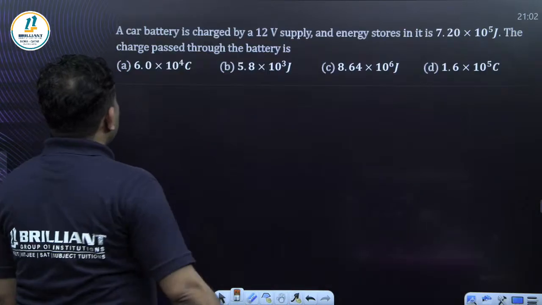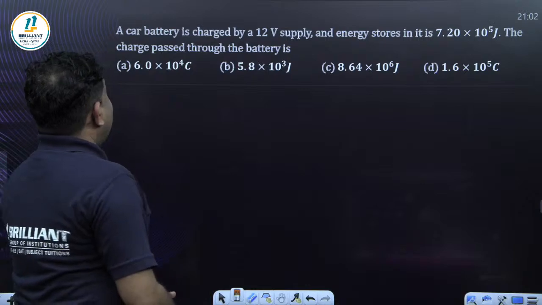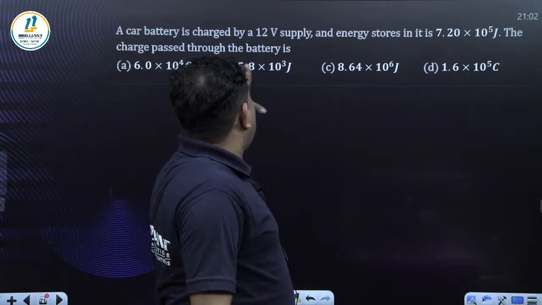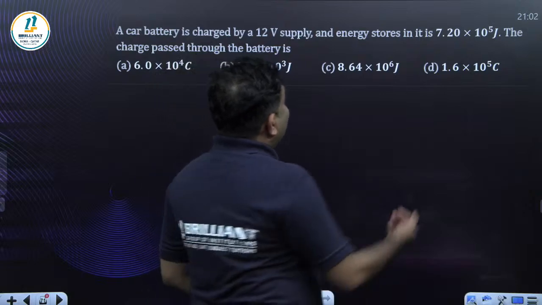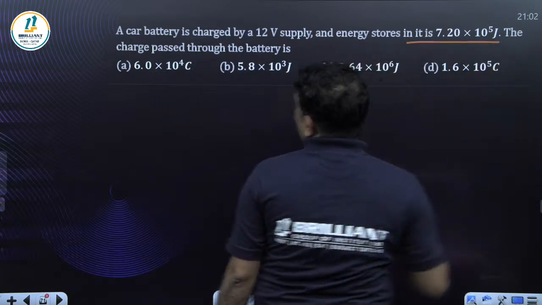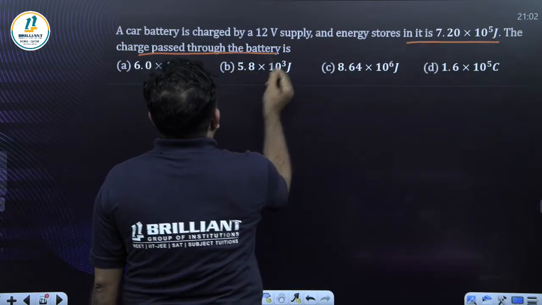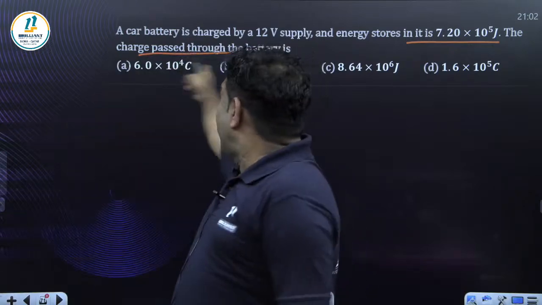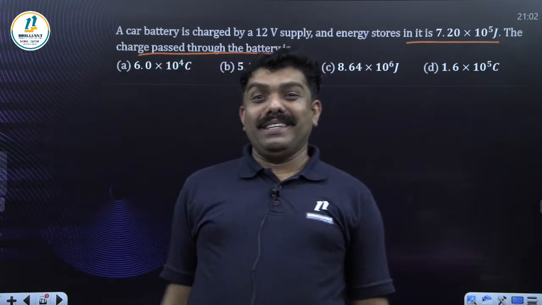Next question, the last question today: a car battery is charged by a 12 volt supply. Energy stored in it is given. The charge passed through the battery is? Energy means work, and voltage is also given. How will you find the charge?